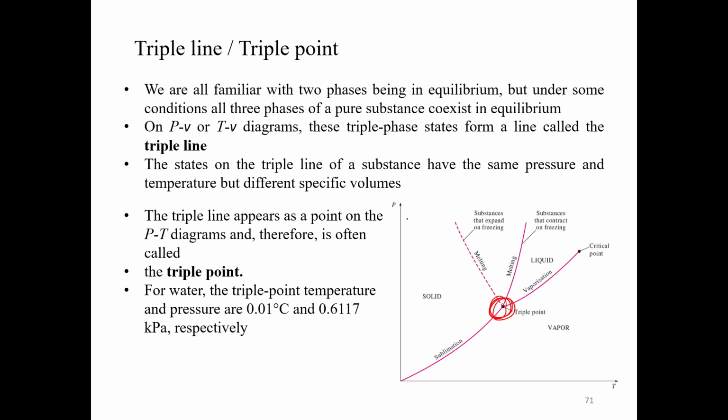Then we talk about the triple line and triple point. In the PT diagram, you will see this as a point, the triple point, whereas in the other PV and TV diagrams, you will see a line, the triple line. Why is that?